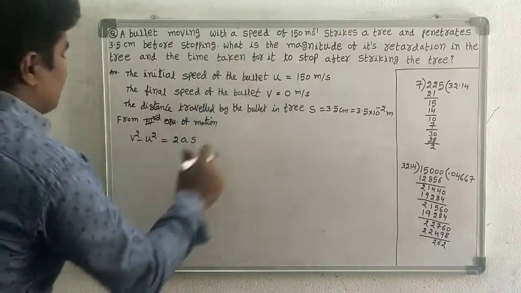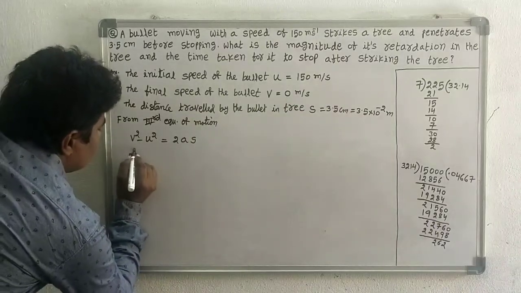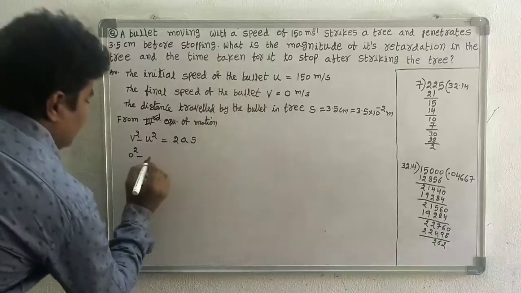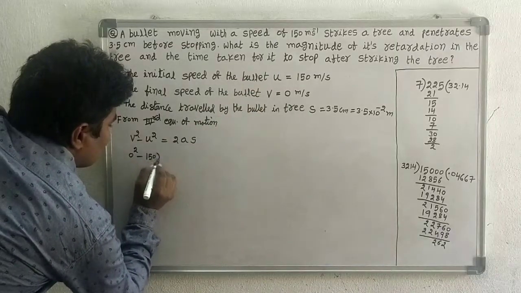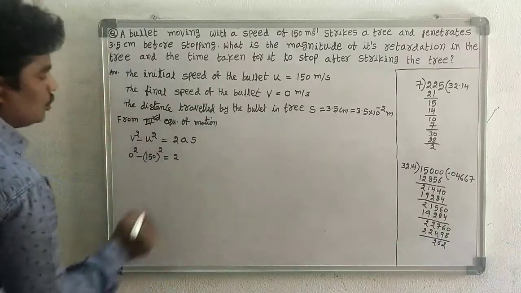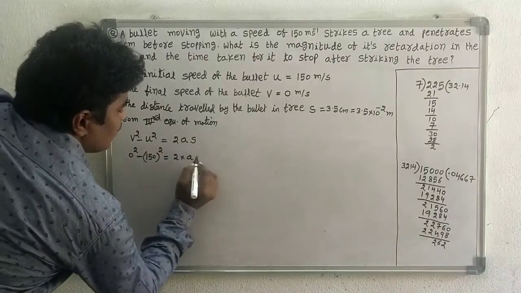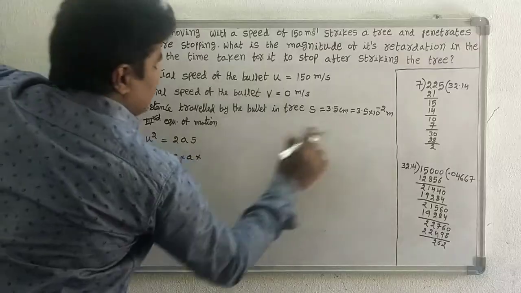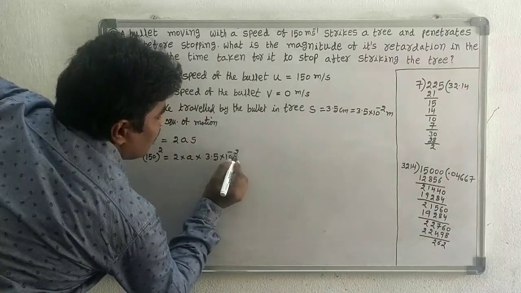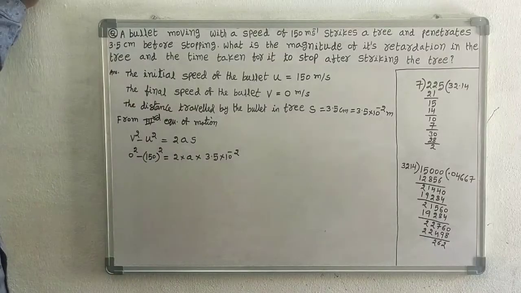We substitute these values. So 0 square minus 150 square is equal to 2 into a into s, that is 3.5 into 10 to the power of minus 2.